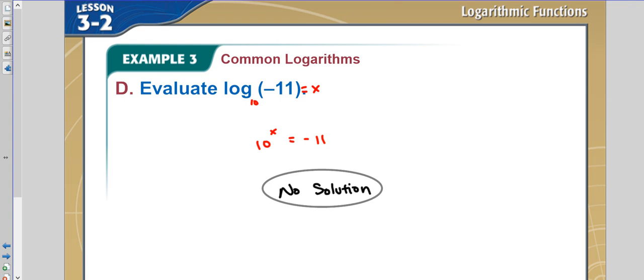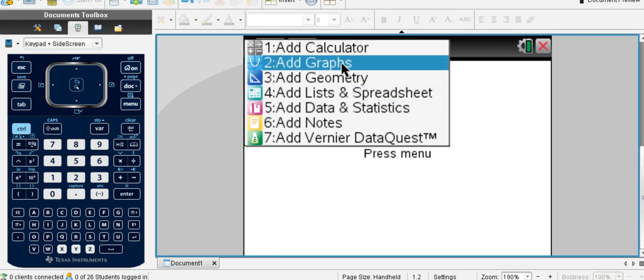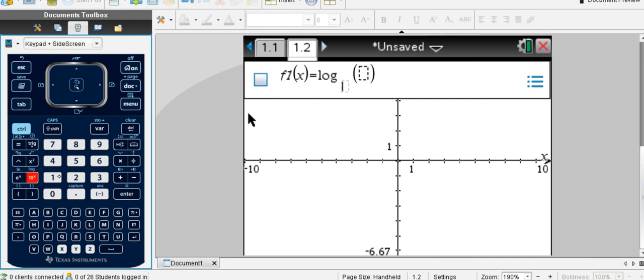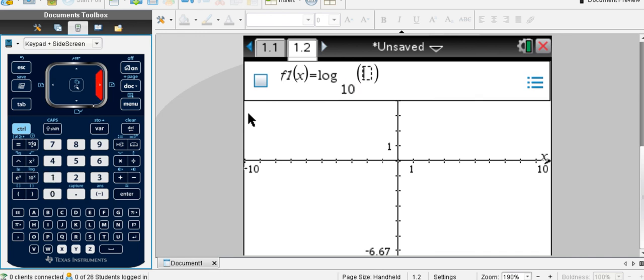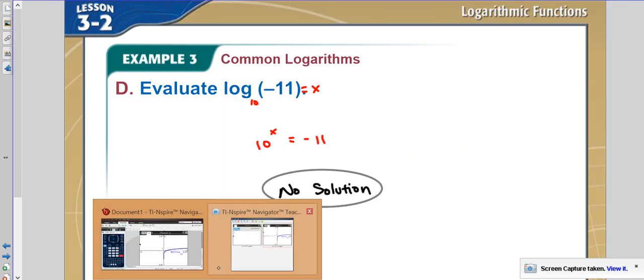I haven't shown you a graph. I'll show you one real quick. If I went over here, added a graph, and we did logarithm, and I'm going to do 10, and it doesn't matter what the number is, you'll see that the graph just doesn't exist on the left side, so you can't have a negative x value.